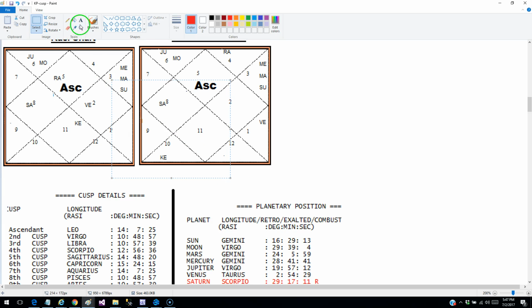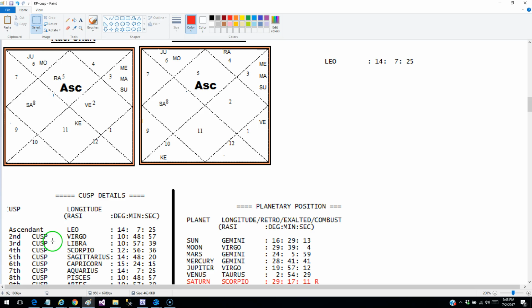So for the ascendant, like we mentioned, in Placidus we don't say this ascendant is Leo, we say that the ascendant is 14 degrees 7 minutes 25 seconds in Leo. So this is the starting point of the ascendant, and the end point is the starting point of the second house.